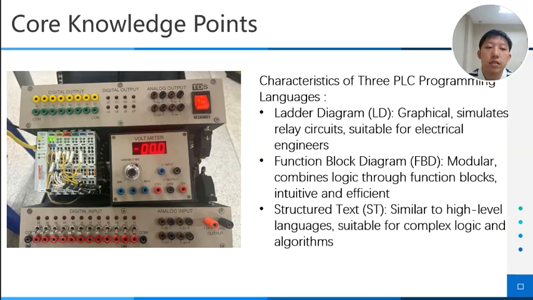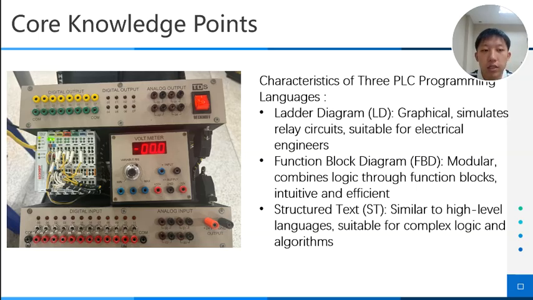The second is function block diagram, FBD for short. It uses modular design and realizes logical operation through the combination of function blocks, which is intuitive and effective to operate. The third is structured text, ST for short.